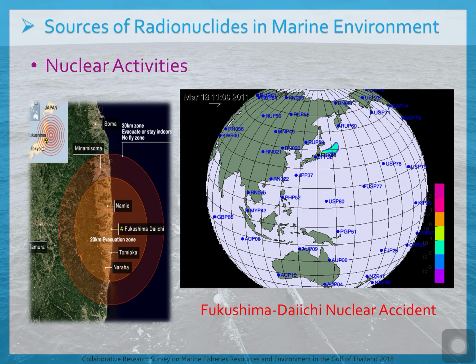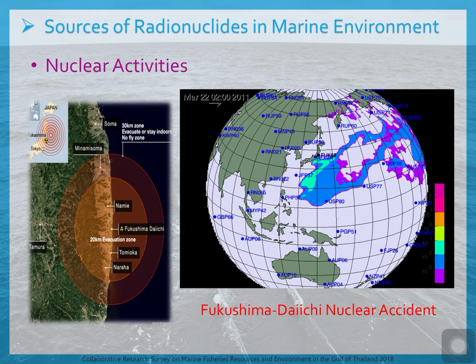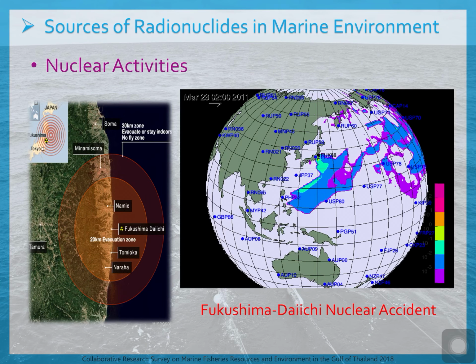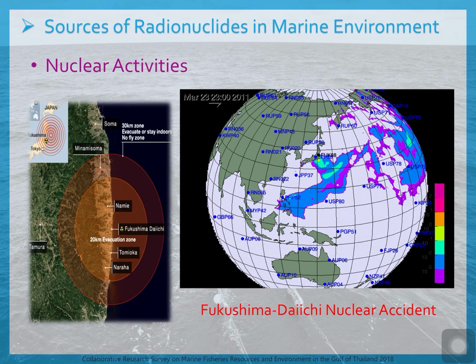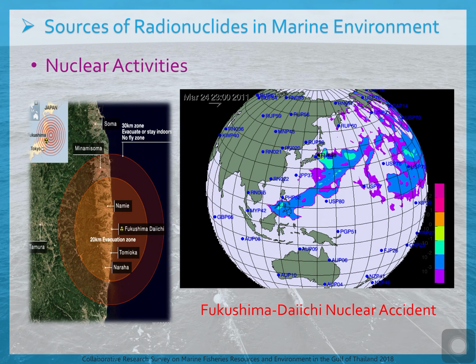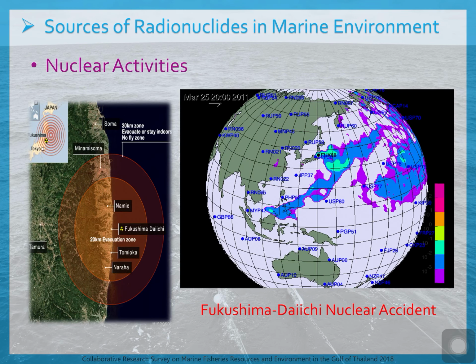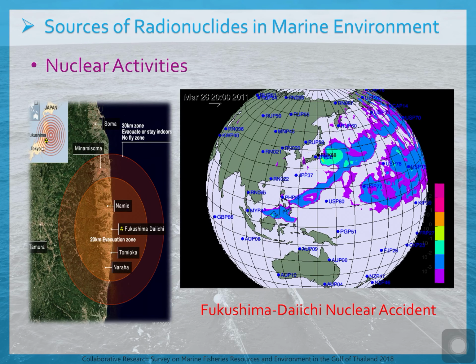Obviously, the nuclear power accident, especially in 2011 in Fukushima in Japan, caused huge concern over the radioactive contamination in the sea and ocean, because shortly after the accident they accidentally and intentionally released the radionuclides into the marine environment, causing radioactive contamination in several countries.